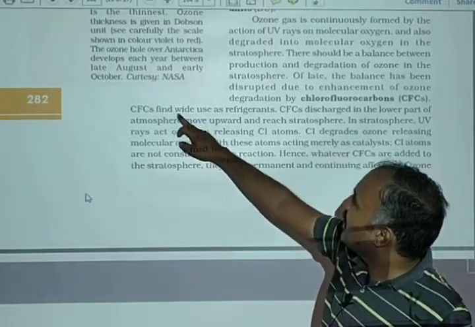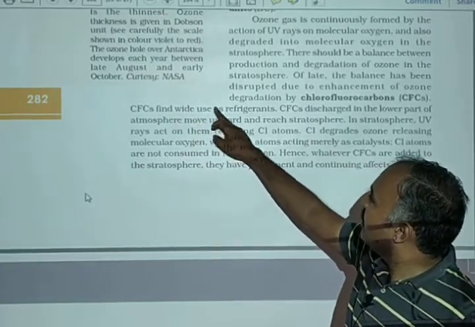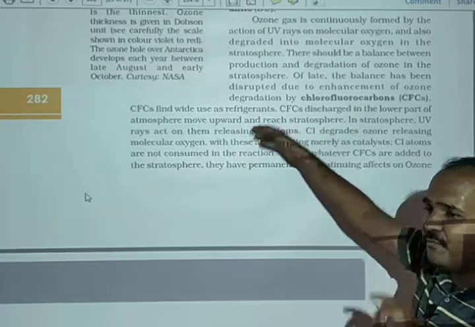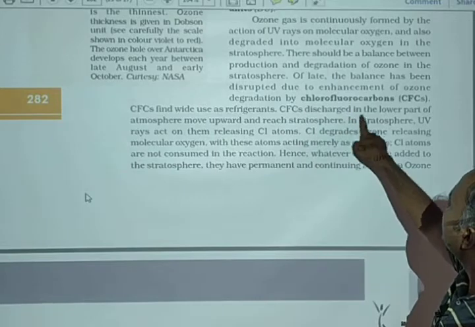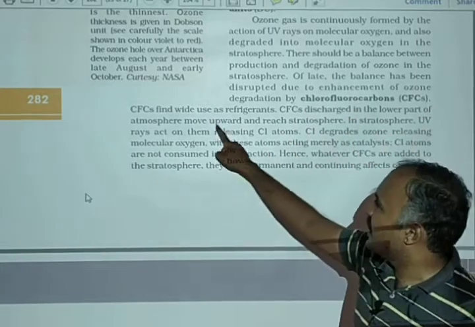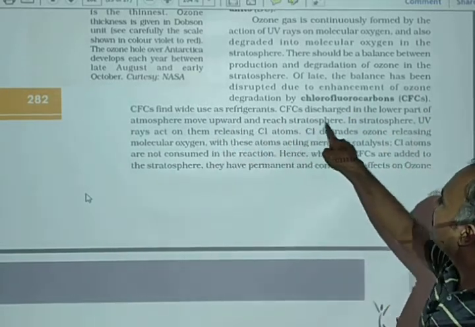How? Chlorofluorocarbons find wide use as refrigerants. CFCs discharged in the lower part of the atmosphere move upward and reach the stratosphere.